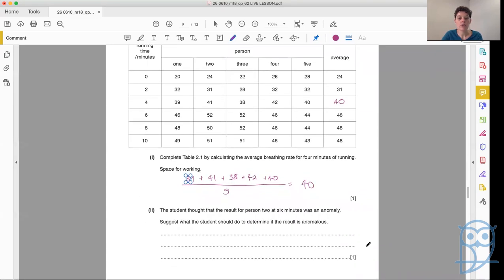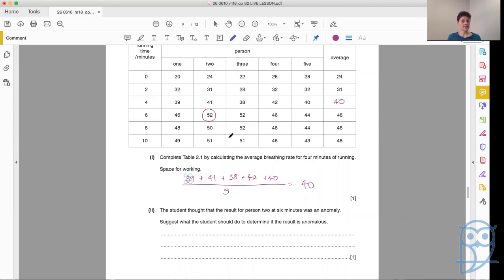The student thought that the result for person 2 at 6 minutes was an anomaly. Suggest what the student should do to determine if the result is anomalous. See, look at person 2. They go 24, 31, 41, then 52, then down to 50, up to 51.